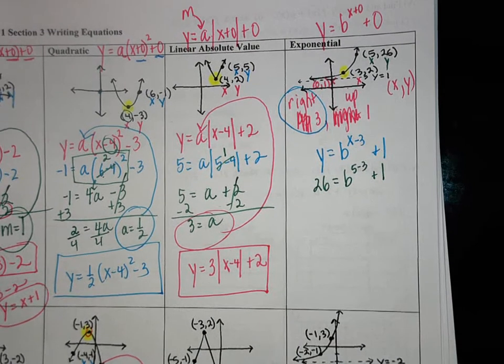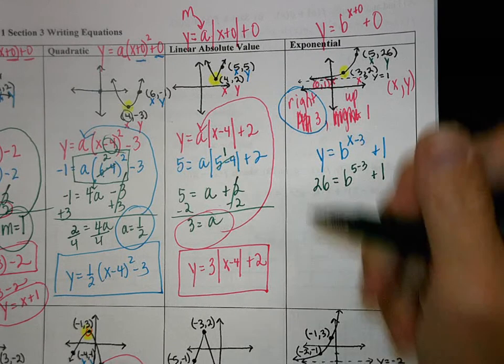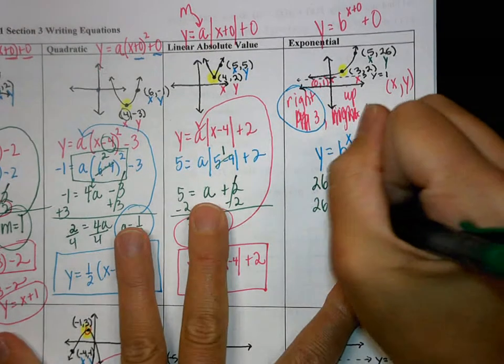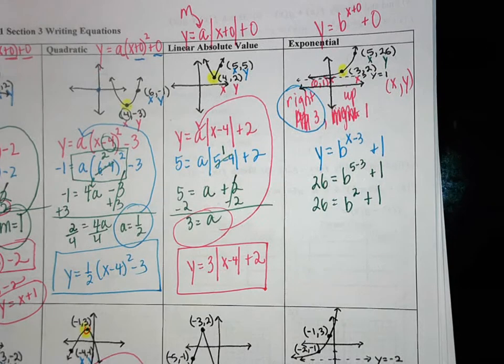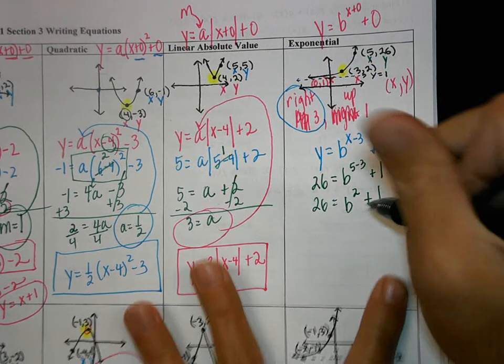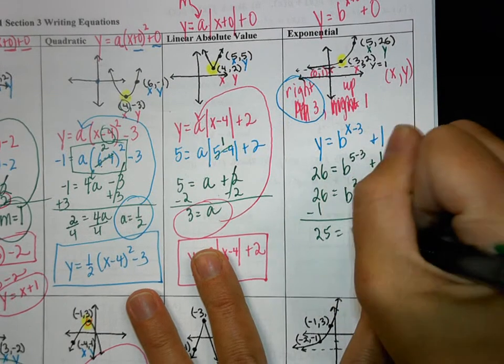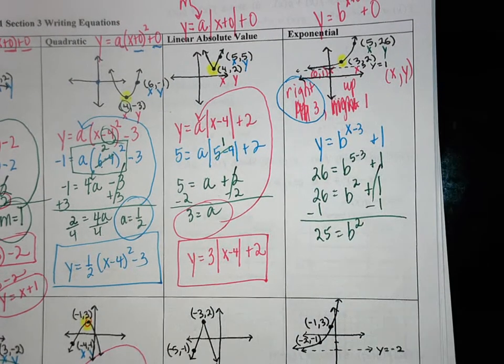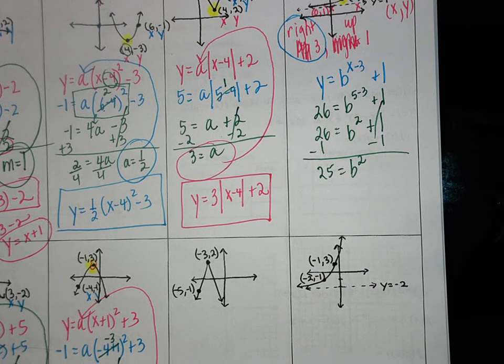What will we do next? Good. 5 minus 3 is what? So 26 equals B to the second plus 1. What's next? Good. Subtract 1. 25 equals B to the second. Can I change 25 to have a second power? Or you can take the square root. Good.